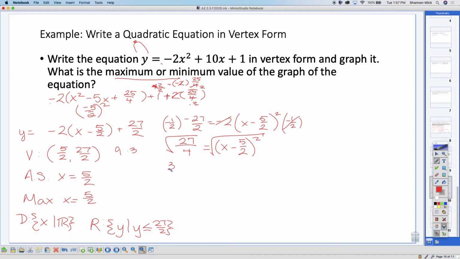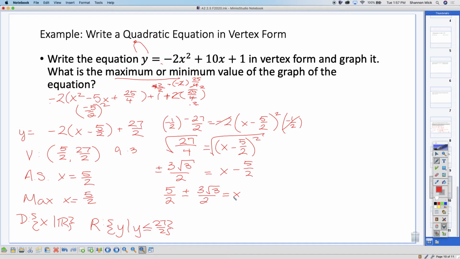So 3 square root of 3 plus or minus over 2 equals x minus 5 halves. Nothing different than you did in the 2 problems that had fractions yesterday. Now what? Add 5 over 2. So 5 over 2 plus or minus 3 square root of 3 over 2 equals x.